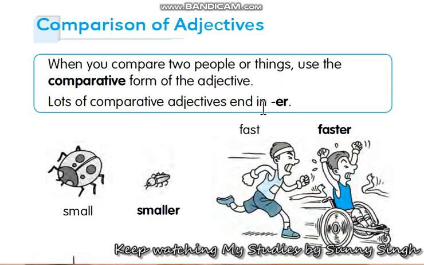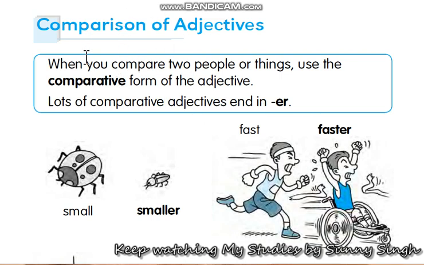Mind it, guys, the adjective can be compared in three ways: positive, comparative and superlative. Adjective stands itself in positive degree, positive form. All the adjectives are in their positive form. So I will be teaching you the comparative and superlative degrees of adjectives.